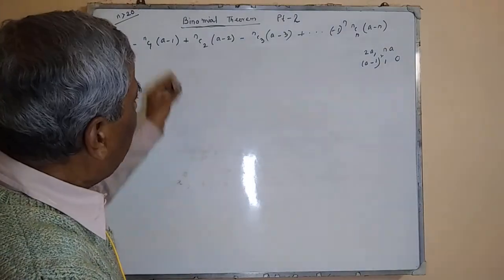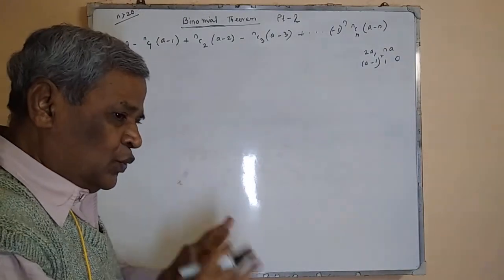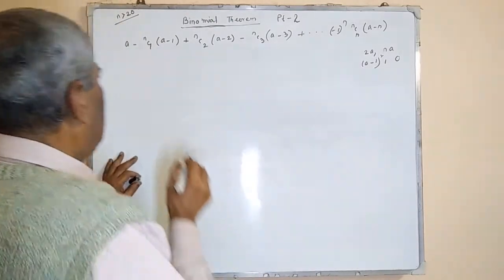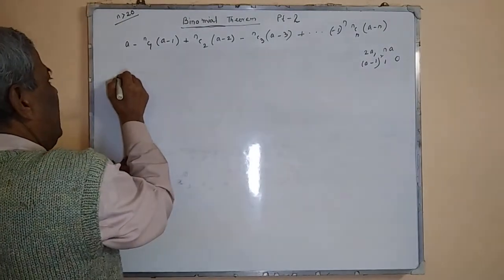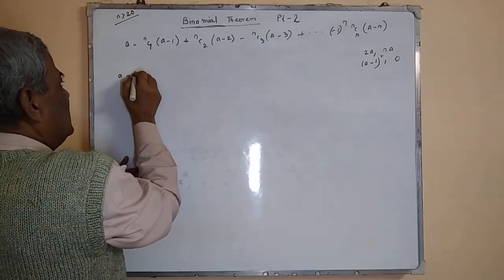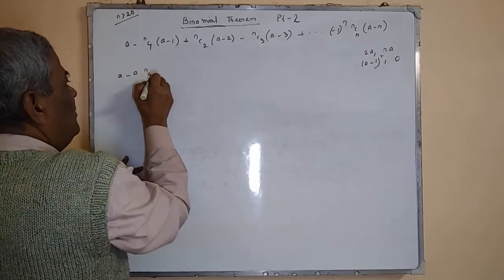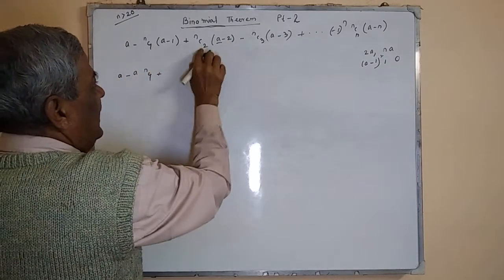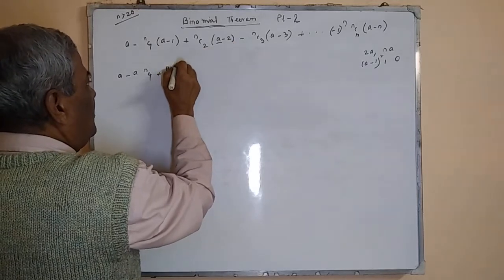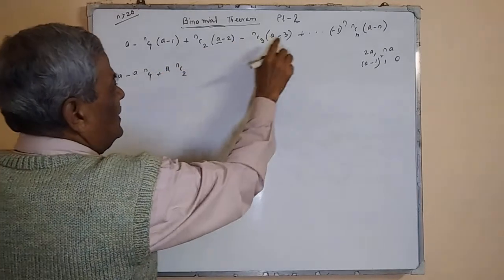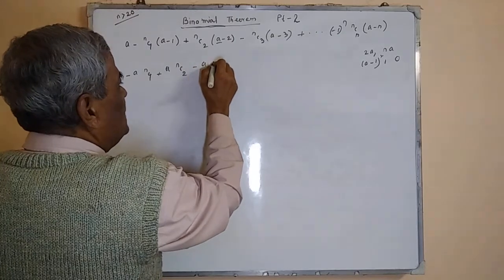Actually, we can arrange the series into a sum of two series. Number 1, taking the first term a, minus a into nC1 plus a into nC2, then minus a into nC3.